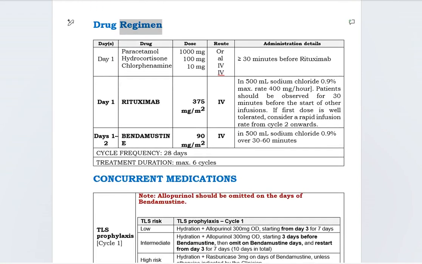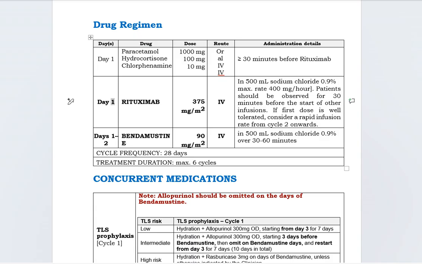Drug regimen. Day 1: paracetamol 1000 milligrams, hydrocortisone 100 milligrams, chlorphenamine 10 milligrams, oral, at least 30 minutes before rituximab.